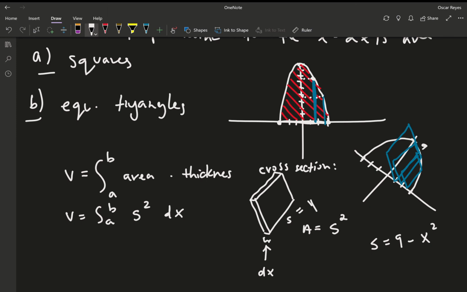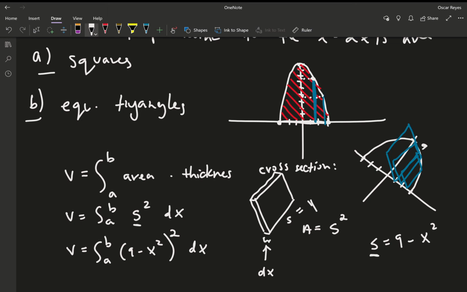So if that's true, then we just plug that into our formula. Volume from a to b of s is going to be 9 minus x squared dx. We substituted our s into s squared, which gives us 9 minus x squared.